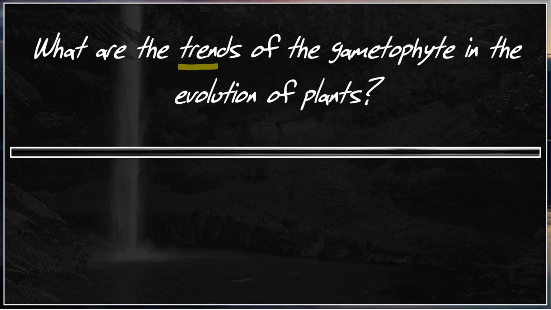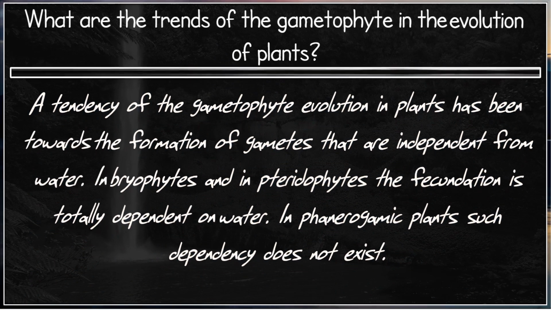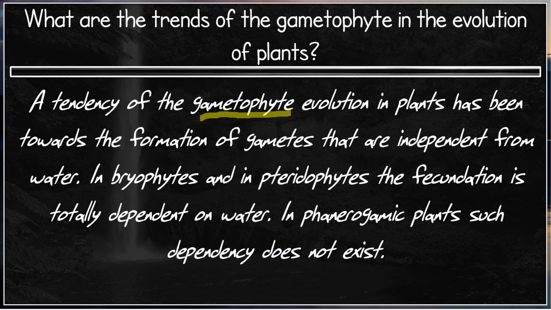What are the trends of the gametophyte in the evolution of plants? The tendency of the gametophyte evolution in plants has been towards the formation of gametes that are independent from water.